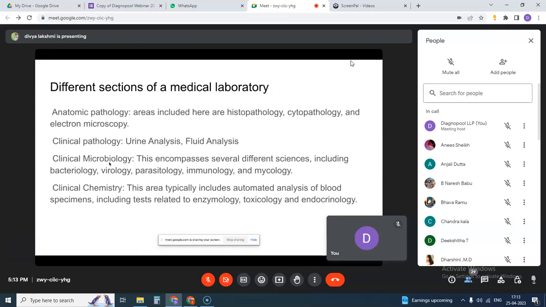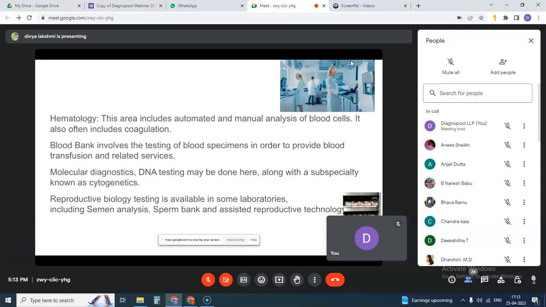In clinical microbiology, there are subdivisions like bacteriology, virology, parasitology, immunology, and mycology. In clinical chemistry, there are subdivisions depending upon the type of test, like enzymology, toxicology, and endocrinology. Hematology includes mainly the automated analysis, or manual analysis of blood cells. Here the coagulation system like PT, APTT or BTCT also comes under the hematology department.